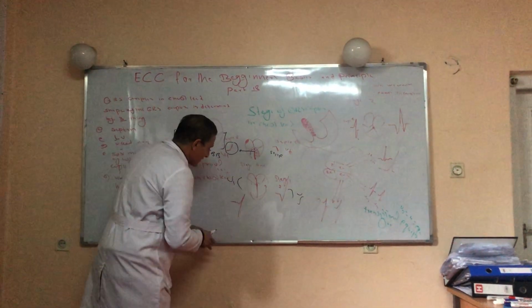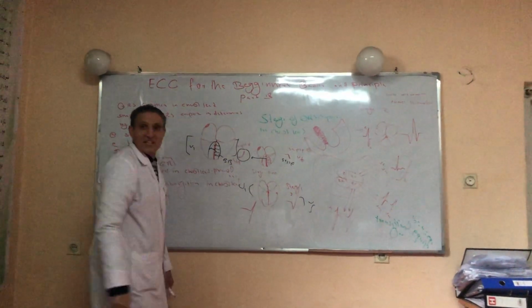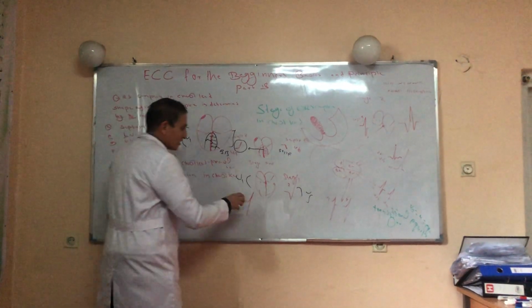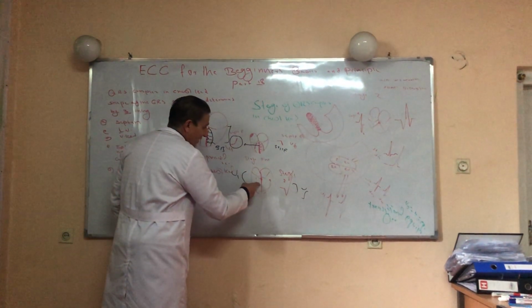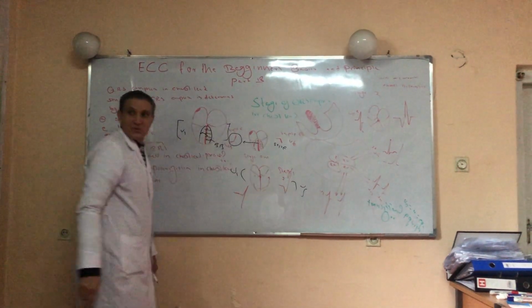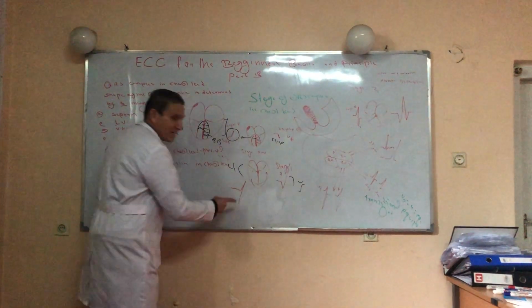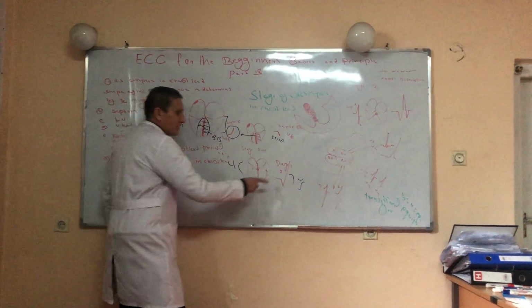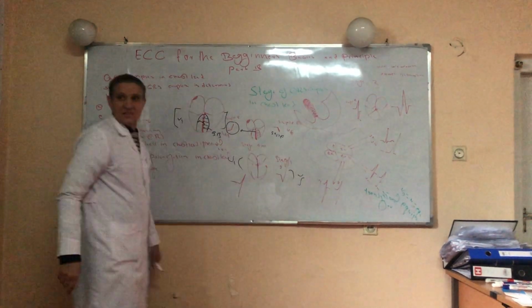So here it produces a negative deflection, which is called S wave. In the second stage, after septal ventricular depolarization, the electrical impulse goes to the right ventricle, and from the right ventricle this electrical impulse moves away and toward V6. So in the QRS complex, lead V1 produces a negative deflection called S wave, but on the opposite side it produces a positive deflection called R wave.